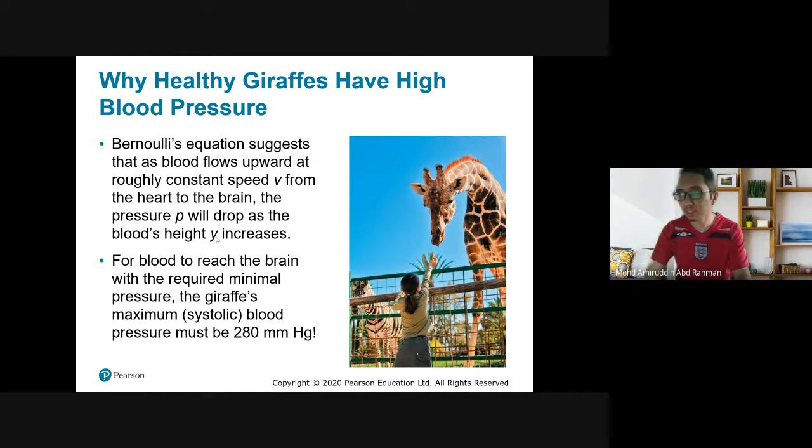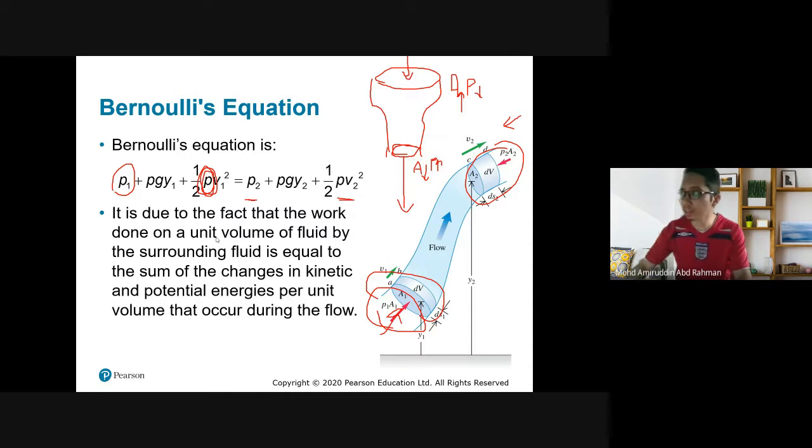Because of its long neck, right? So because of its long neck, as you can see, you can imagine this one is like a neck of a giraffe.